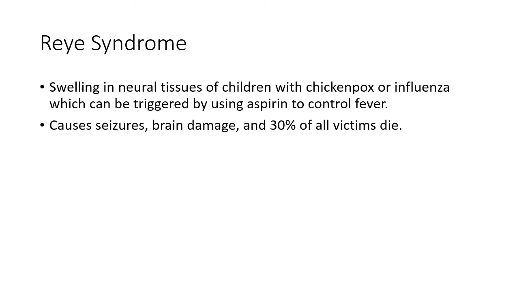Usually it's just Tylenol, which doesn't have this problem. Aspirin can result in death in 30% of all victims by causing seizures and brain damage. So that's very important to think about: not giving children aspirin to fight infection or fever.